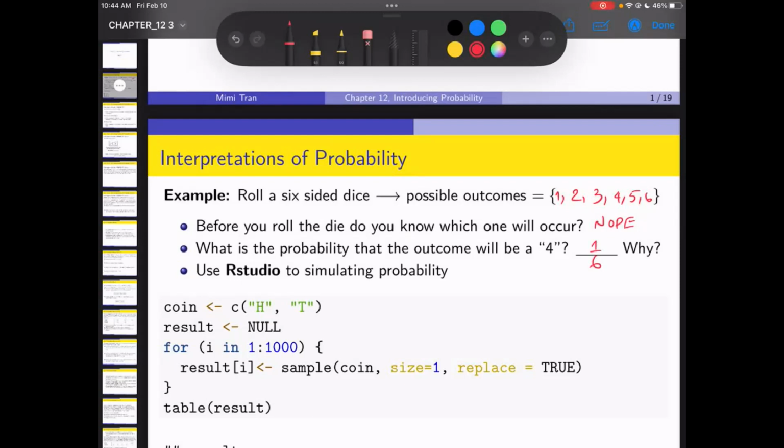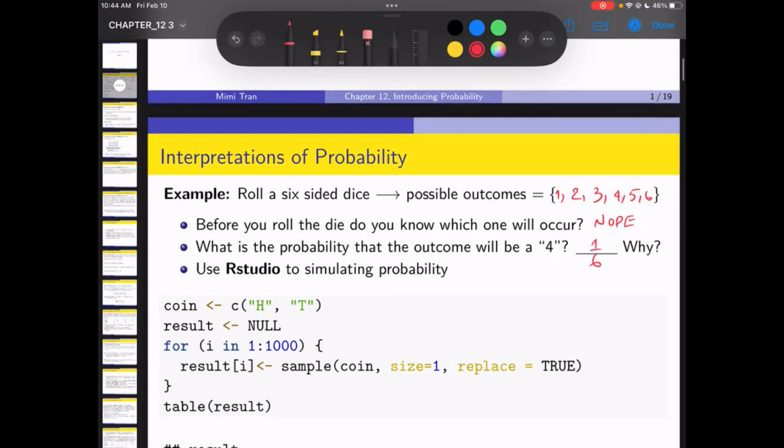So say if you roll the die 1,000 times, 2,000 times, 10,000 times, as your number of rolls increases, the probability that you're gonna get a 4 approaches 1/6, right? So that's what it means when there's a 1 out of 6 chance you're gonna get a 4. When we talk about these, we mean long-term outcome instead of short-term outcome.